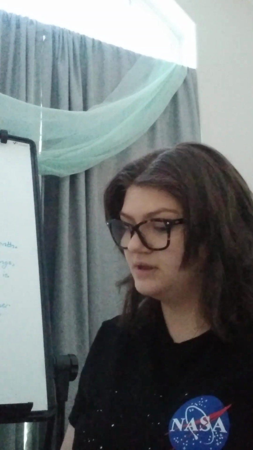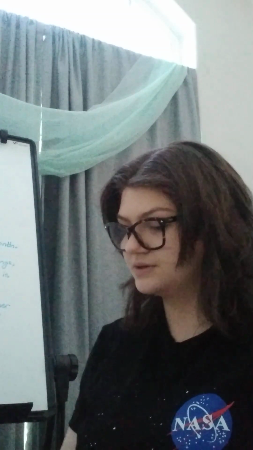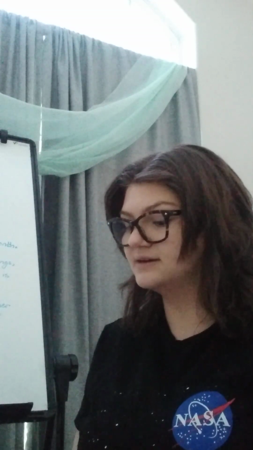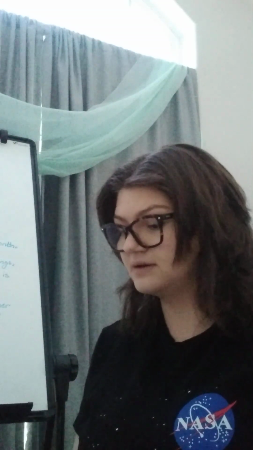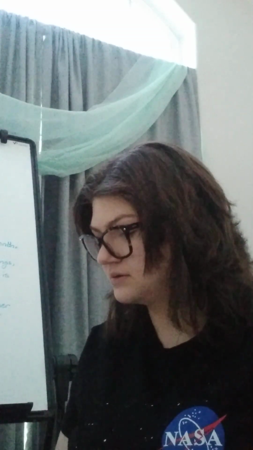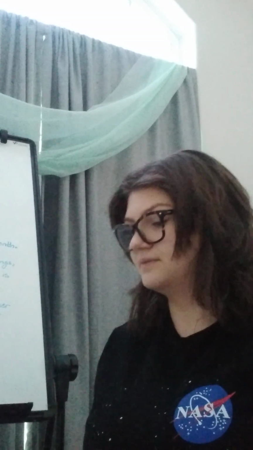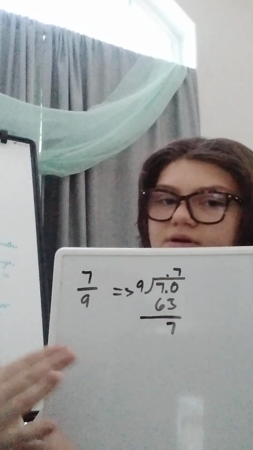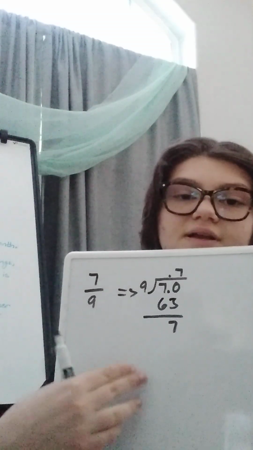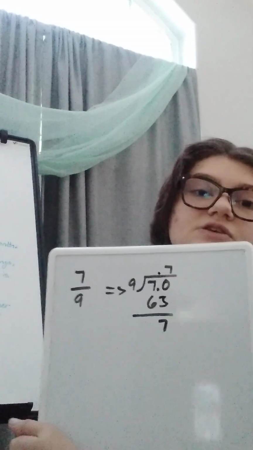9 doesn't go into 7, so recall that you will have a decimal point, add a 0, so now 9 is going into 70 instead, and that will go into 70 7 times. 63, so 70 minus 63 leaves you with 7, and so you're left with the same sort of problem here because you're gonna keep going 7 7 7.